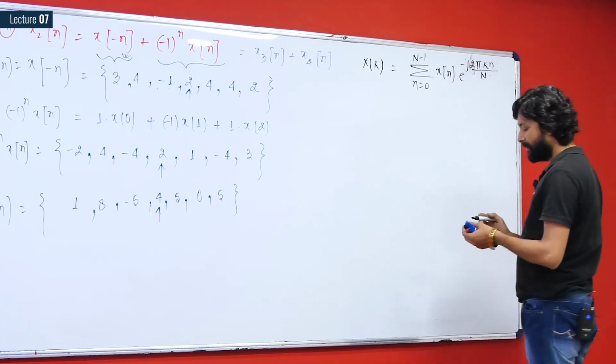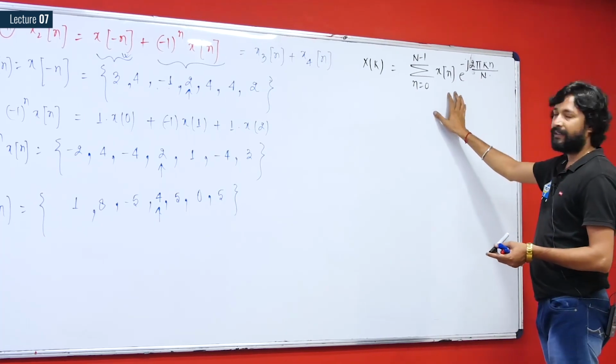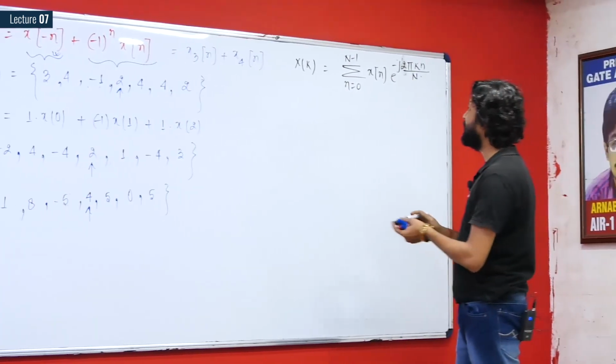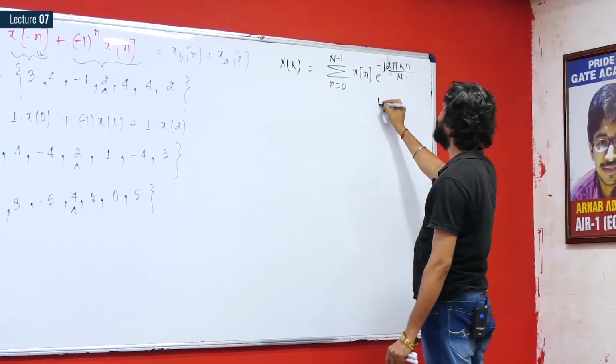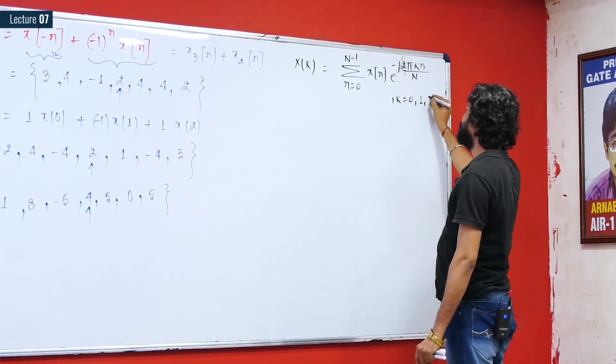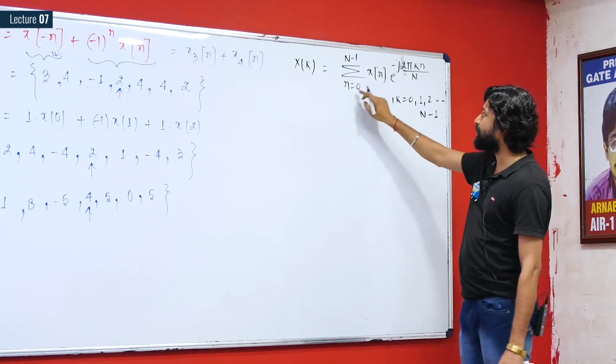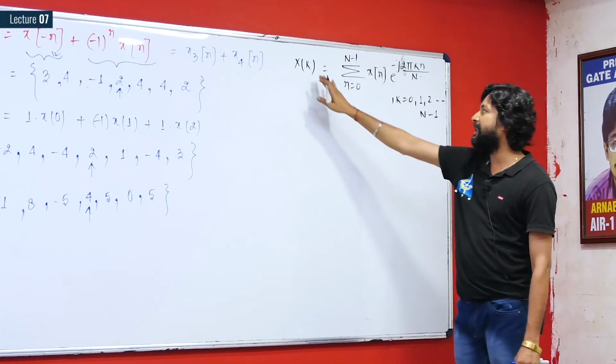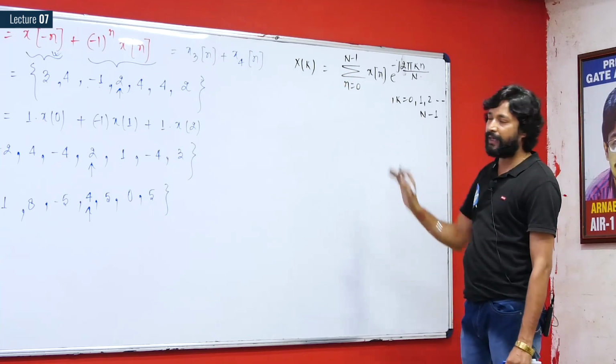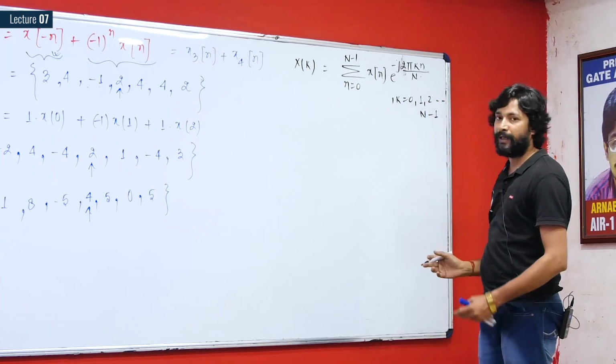Let it be given to you that x[k] is given by this expression, where k can vary from 0, 1, 2 up to N minus 1. Here we are varying the limits of n from 0 to N minus 1, and we can vary the values of k. It is also an integer which can be varied from 0 to N minus 1.